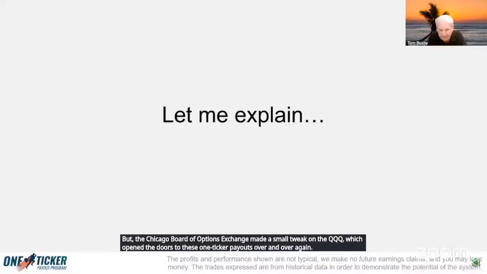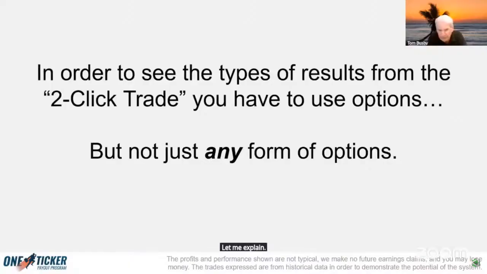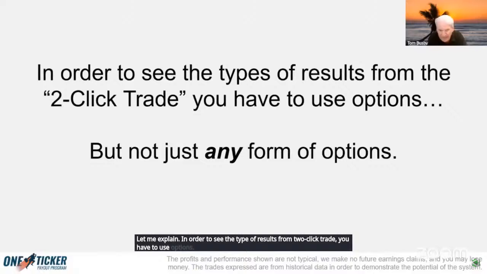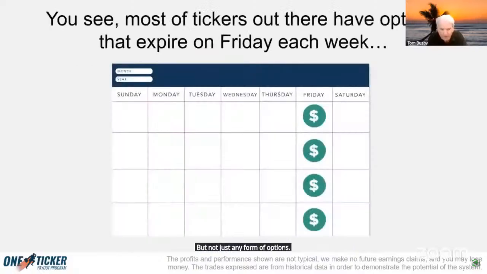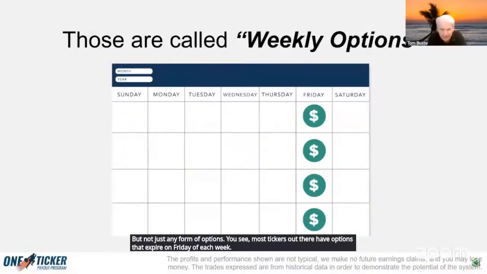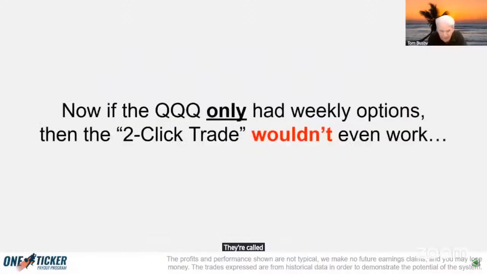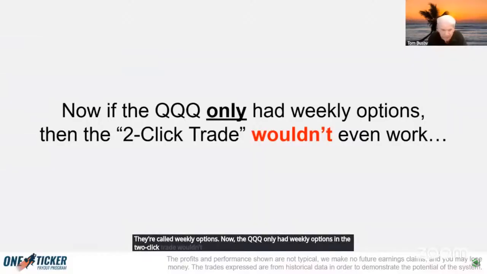Let me explain. In order to see the type of results from a 2-click trade, you have to use options, but not just any form of options. You see, most tickers out there have options that expire on Friday of each week. They're called weekly options. Now, the QQQ only had weekly options, and the 2-click trade wouldn't even work.